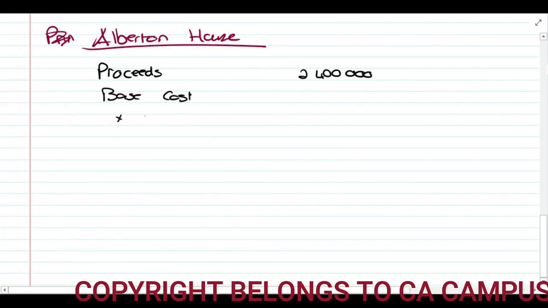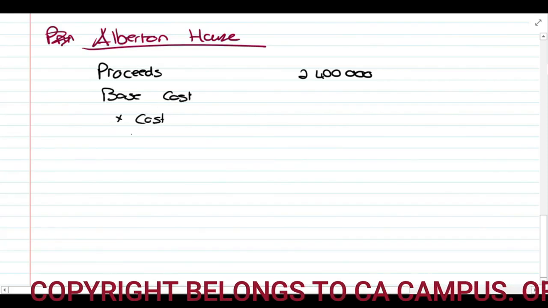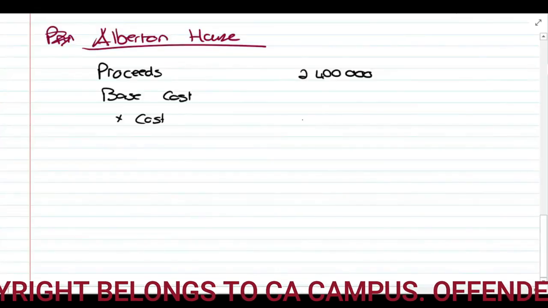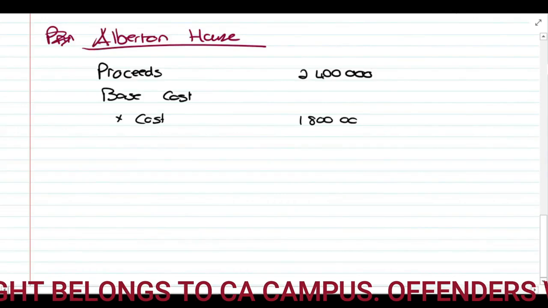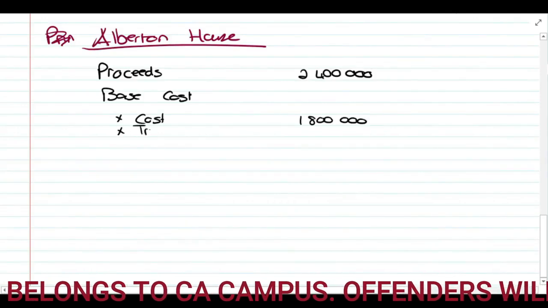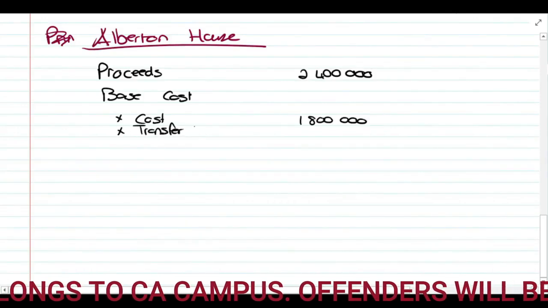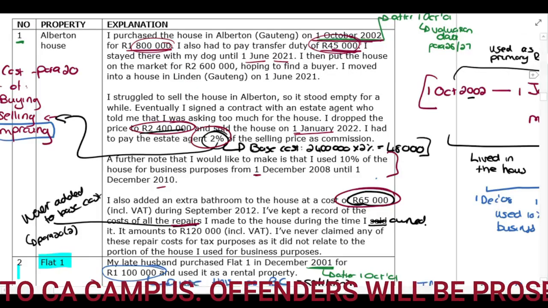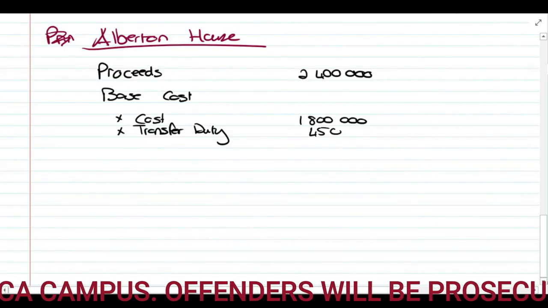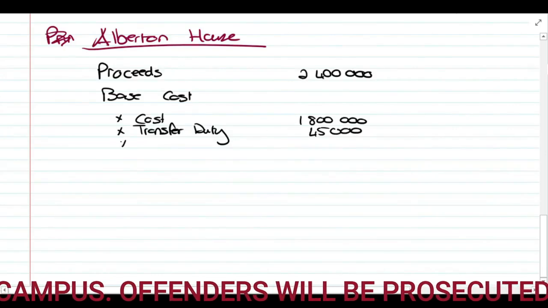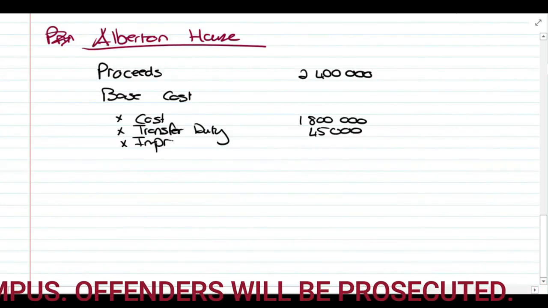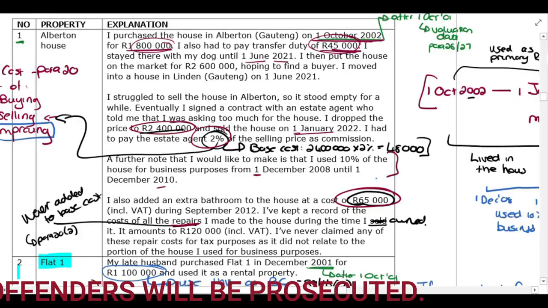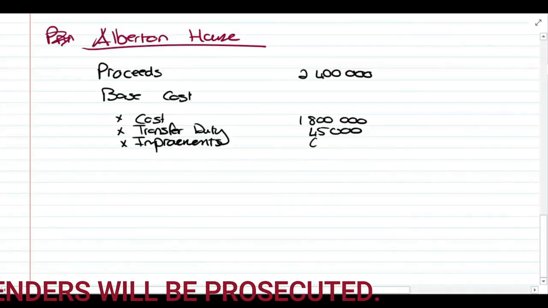So the base cost is the cost. The cost was 1.8 million. The transfer duty forms part of that cost, 45,000. There were improvements, and the improvement is that bathroom of 65,000.